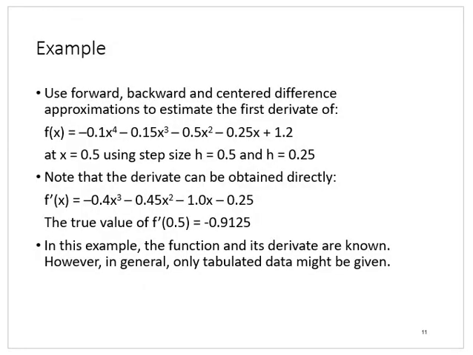Alright, so let's look at an example. We want to use the forward, backward, and central difference approximation to estimate the first derivative of f of x, which is minus 0.1x to the power 4 minus 0.15x to the power 3 minus 0.5x squared minus 0.25x plus 1.2, where x is equal to 0.5, and the step sizes you want to use are 0.5 and 0.25.